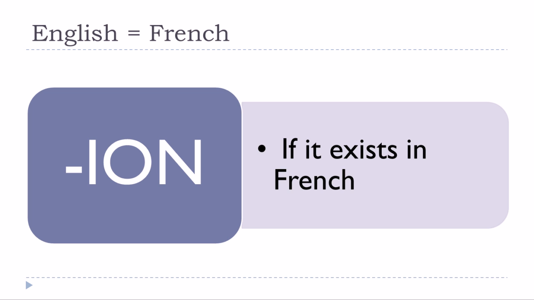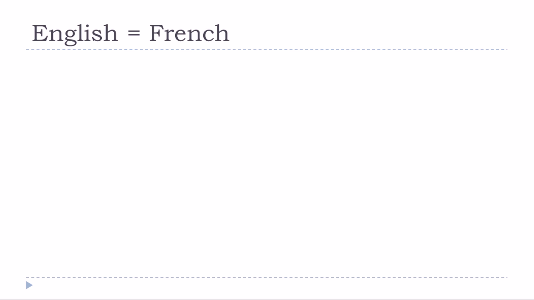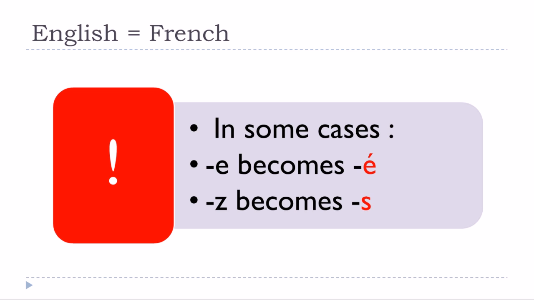That's the reason why I wanted to make this huge list, so after that you'll know which ones exist in French. And then remember that in some cases the word will change a little bit, so you get the example here: C will become A, and then Z will become S. Okay.